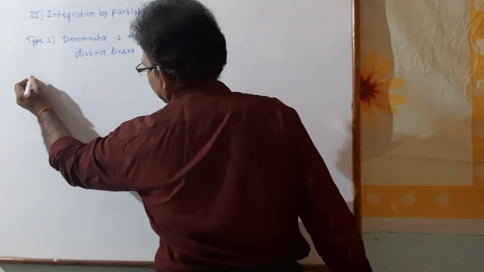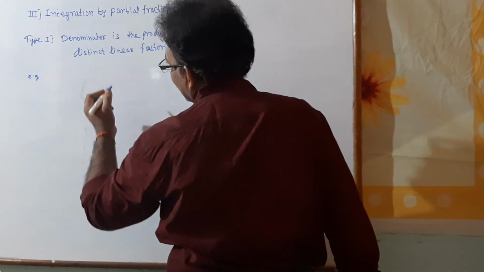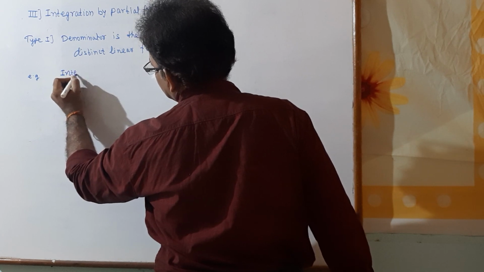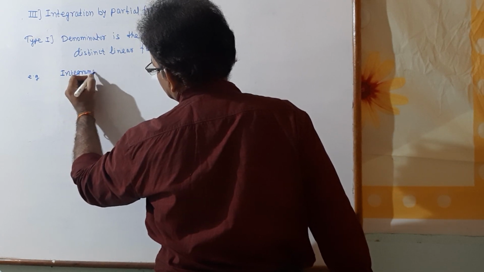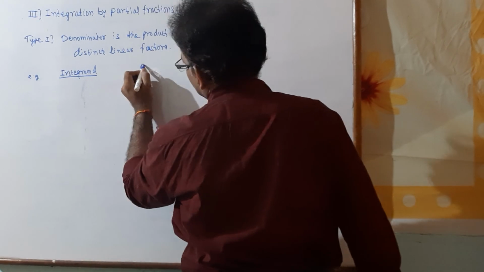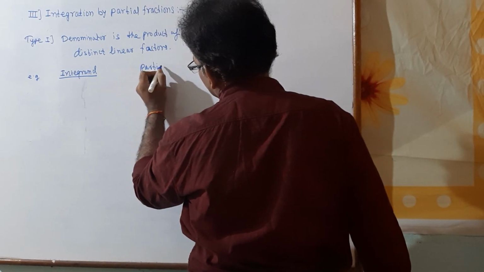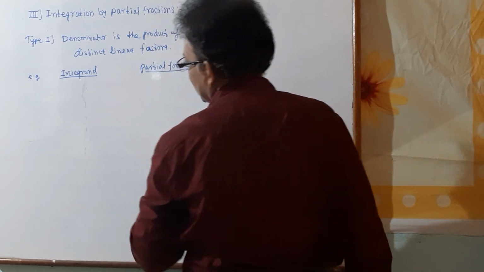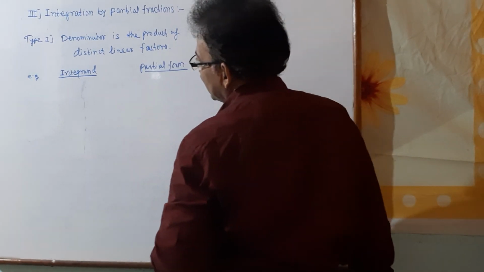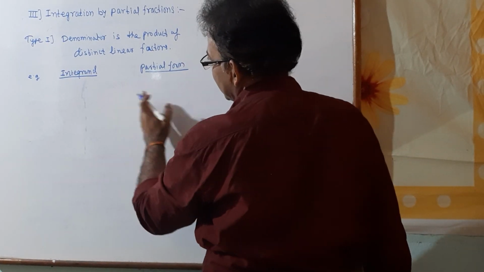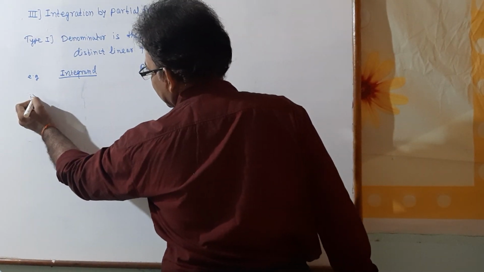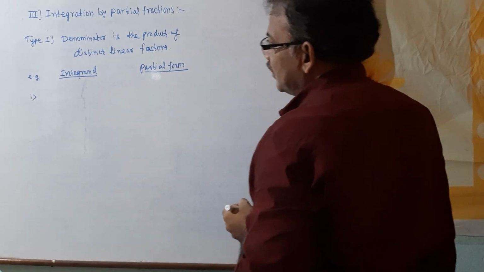So for example, we know the ratio, or we can write here the integrand, and we write here the partial form. You can take this as a standard formula, keep it in your mind as a formula. You know integrand means whatever function is in between the integral sign and dx, that is called the integrand. In such case the integrand is p of x divided by q of x.